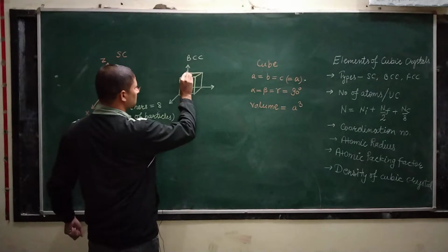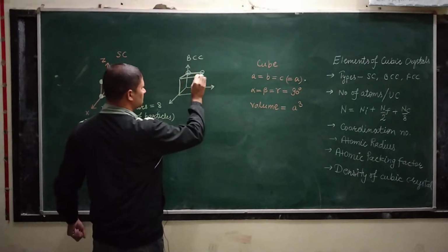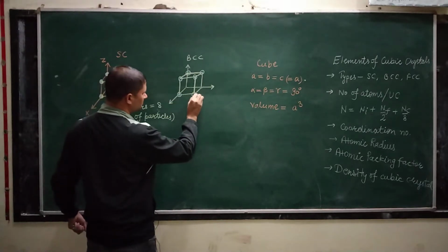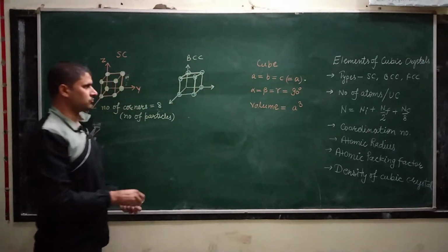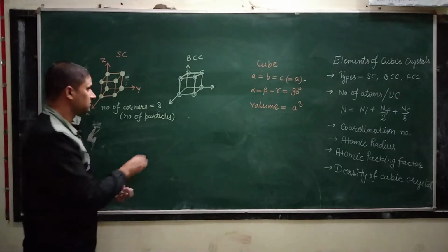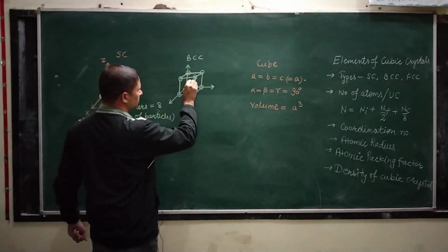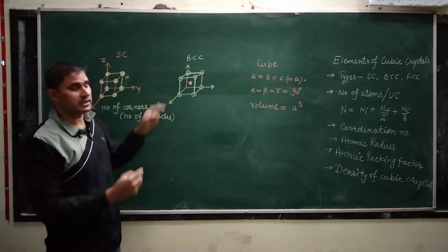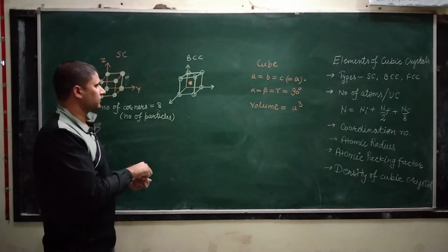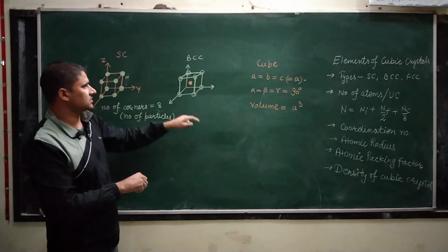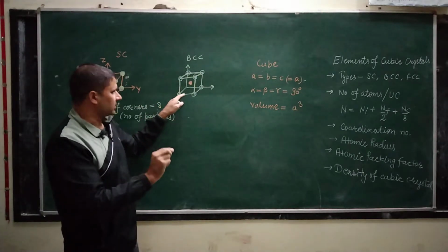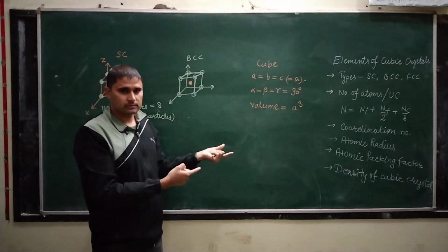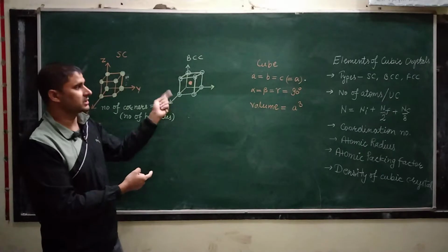I am making circles for the particles which are present at the corners, and one more particle is present on the body diagonal. You have seen this in the previous topics. This is the particle at the center of the body, totally inside the unit cell. The side of the cube is again A. So the volume of the unit cell is A cube.